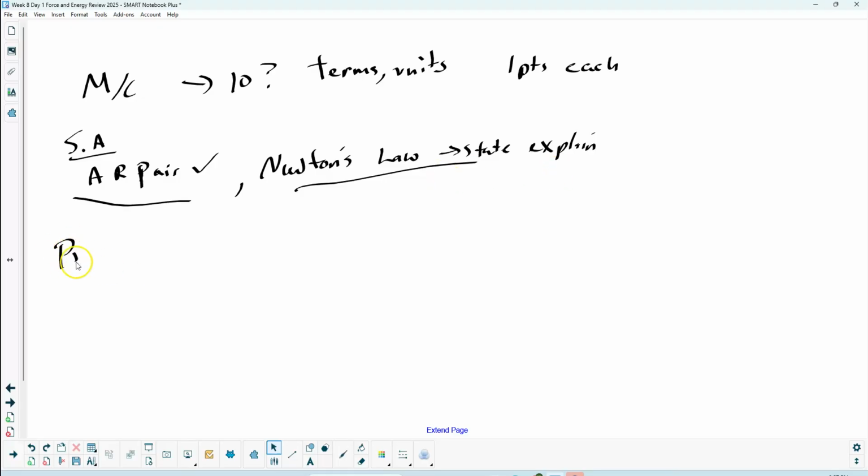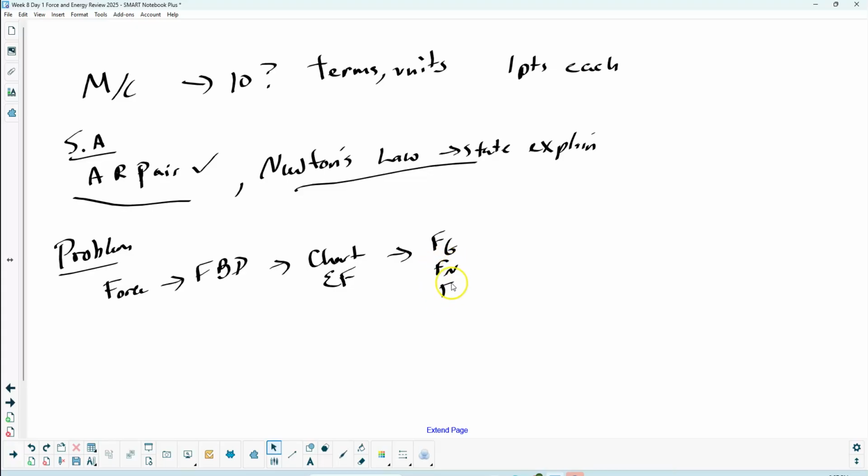Then we get into the problems or the mathematical solutions. There's one similar to the shopping cart one where there's a force applied, where you have to do a free body diagram. You gotta use your chart or your equations. And then you're gonna solve for various things, FG, FN, FF, FNet. And eventually you're gonna try to get the acceleration.